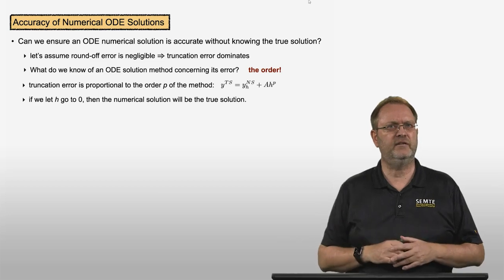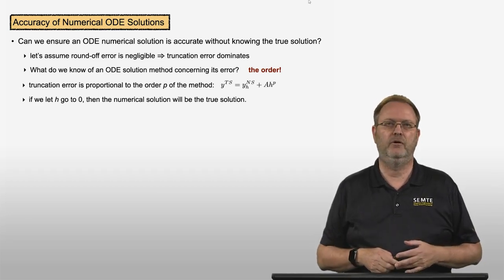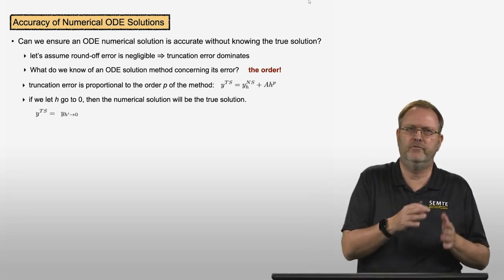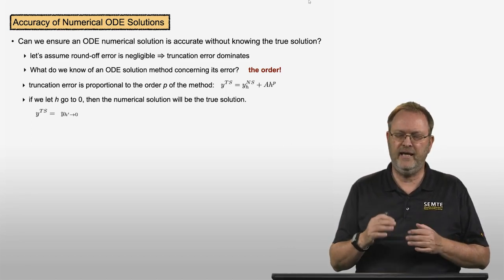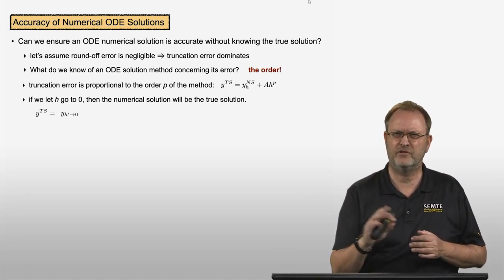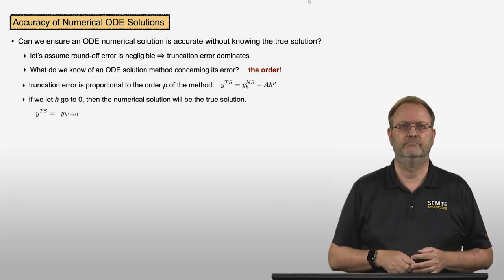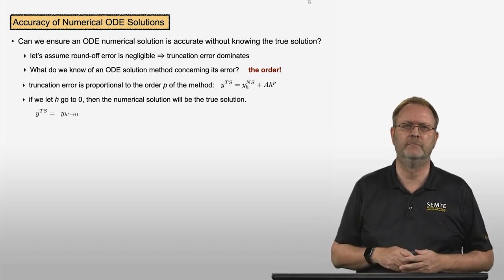But since we discarded round-off errors, this statement in theory would hold true. So let me write this. My true solution would be equal to my numerical solution if my step size, let me just call this h prime for a second here, would go to 0. Okay, up to round-off errors, that would be a true statement.